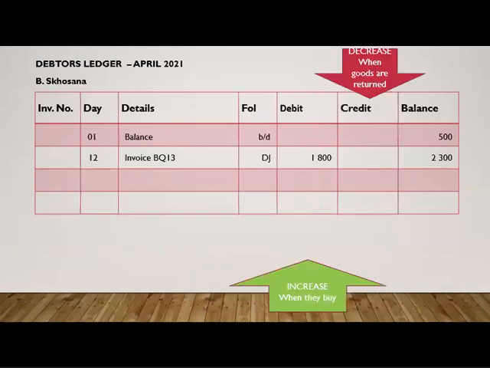I will have the 15th invoice. Oh, now here I'm recording that allowance that I forgot to record of 80 Rand. Sorry for this, which reduces what Biscosana was owing us from 2,300 to 2,220.